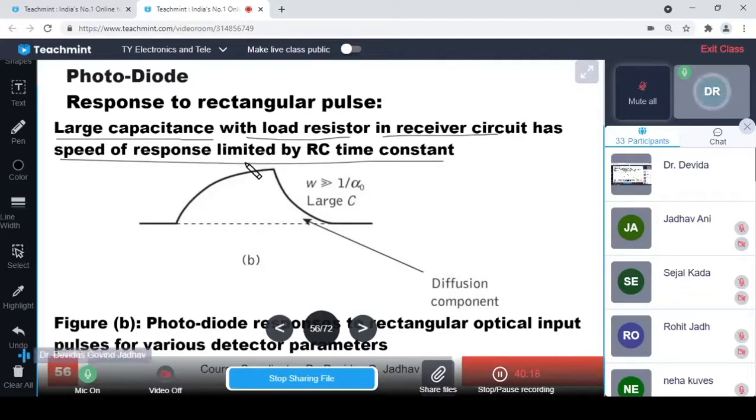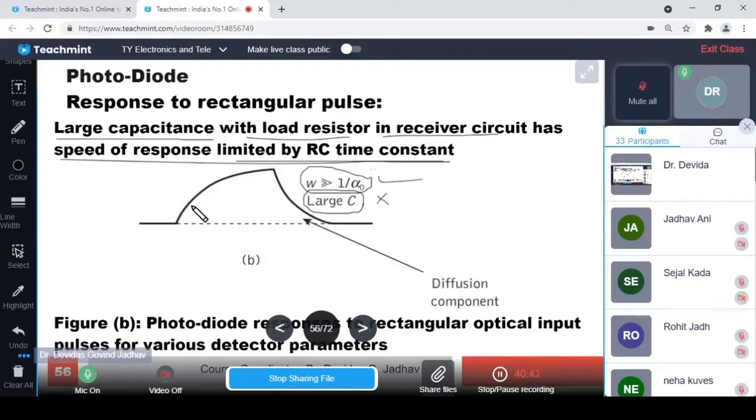W is again in the better condition, W very large than 1 upon alpha 0. This is okay. But C is large. The C is not okay. This is the worst condition.